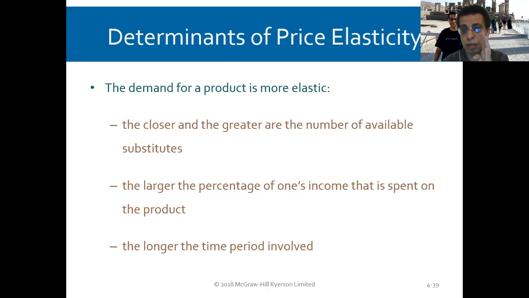The larger the percentage of one's income that is spent on the product. So as the price goes high and it becomes elastic, the more you need that product, because it's showing the need for it. Whether you increase the price or not, you're still going to need that product. So the larger the percentage of one's income that is spent on the product, the more elastic. Also, the longer the time period involved to do the adjustment for the price elasticity.